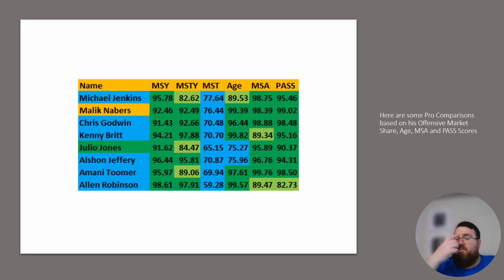I think his style fits more so with those types of players, if you will, because he's not exactly 6'3", 6'5", and he may test like Julio Jones. I might be surprised. He might test like him, but that's kind of what he looks like in terms of his overall pro comparisons based on those key points in his data set.